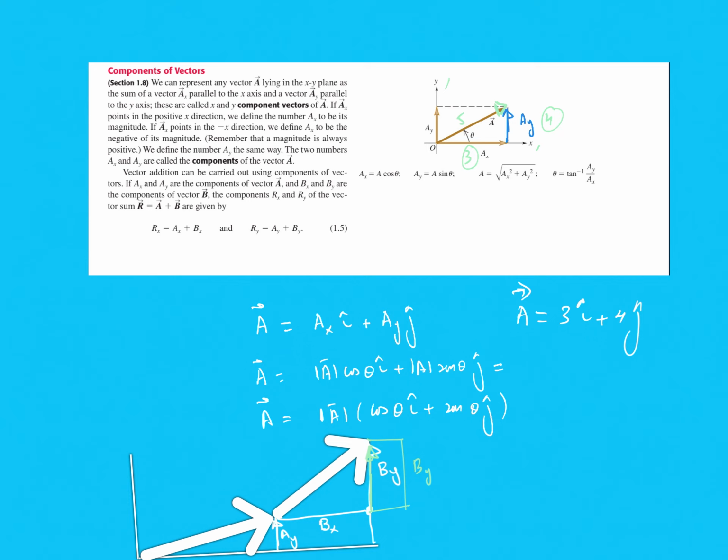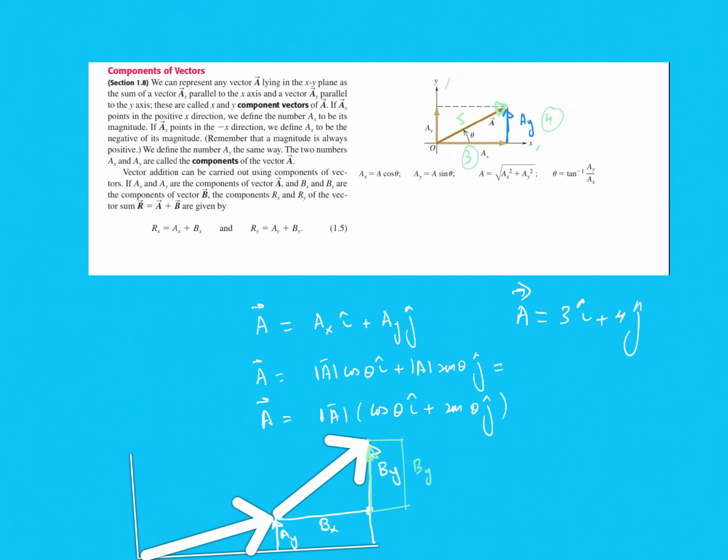So 3 units in the x direction, and I put the i, and 4 units in the j direction, and I put the j. So 3i plus 4j is the vector that we are talking about if you have 3 units here and 4 units here. The units can be meters per second, or maybe meters if it's a position vector.